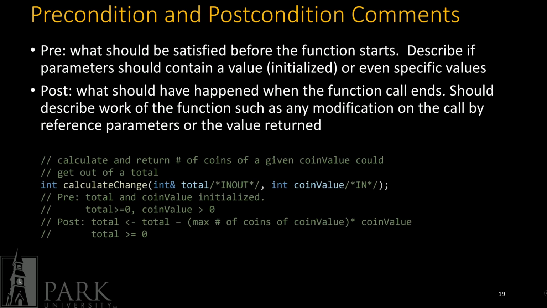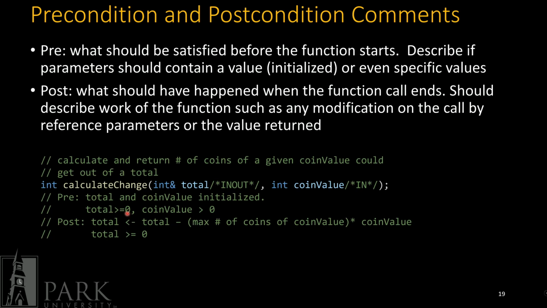In this example, given the calculate change function, its preconditions may be written as that total and coin value should have been initialized, and total holds a non-negative value, and coin value holds a positive value. As evident here, you can see that coin value must be greater than 0, and total must be greater than or equal to 0.